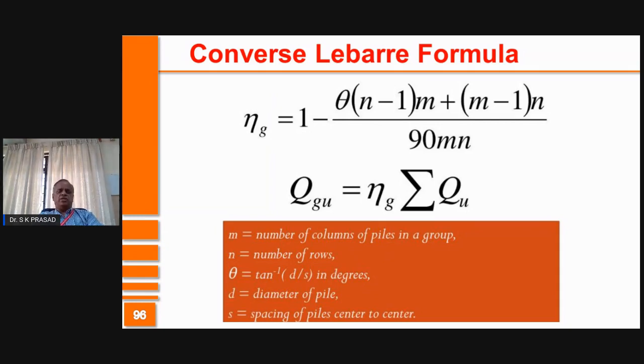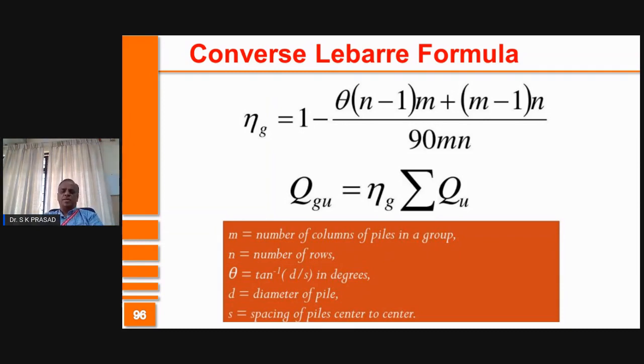Usually, the geometry in which the piles are kept, the diameter of the pile, and the spacing of the piles play an important role in determining the capacity. And here is one of the empirical formulae given by Converse-Labarre for pile group efficiency. Group efficiency eta G is equal to 1 minus theta into (n minus 1) into m plus (m minus 1) into n, divided by 90 times m into n.